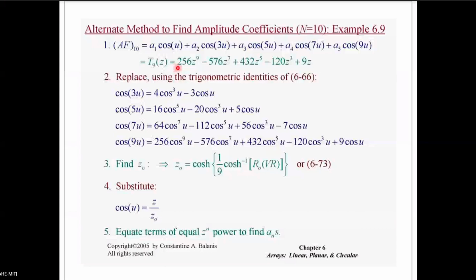Compare this and this. You have replaced cos u with z by z0. You compare this and this, then find the coefficients. See, in this expansion you have A1, A2, A3 as unknowns. Cos u we replace by z by z0, and you equate this with this.